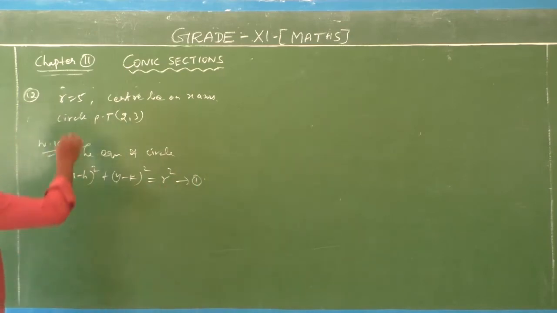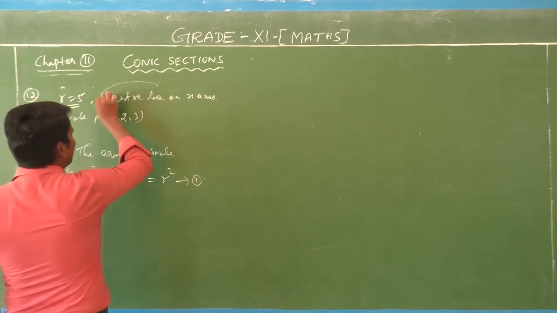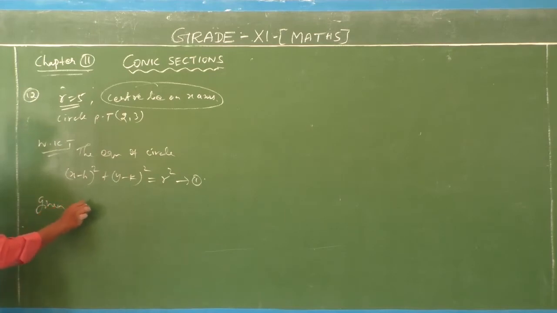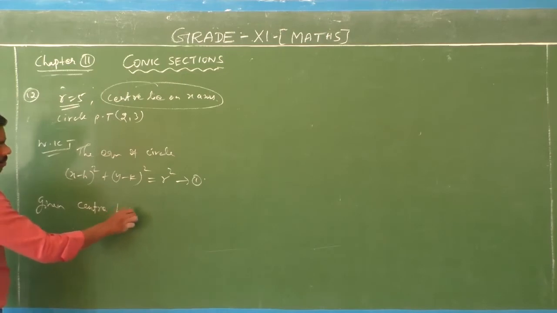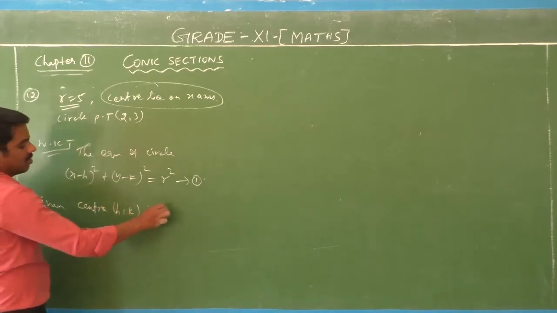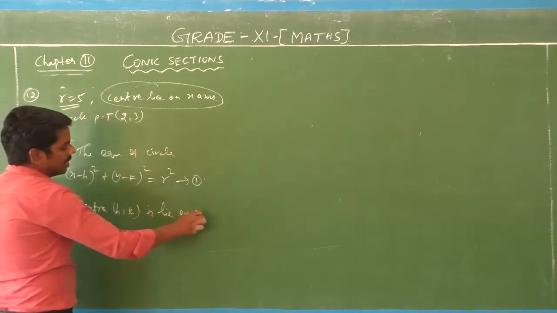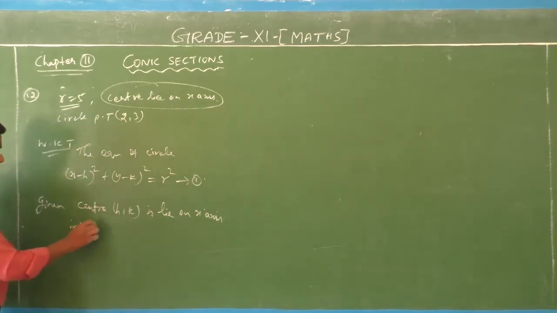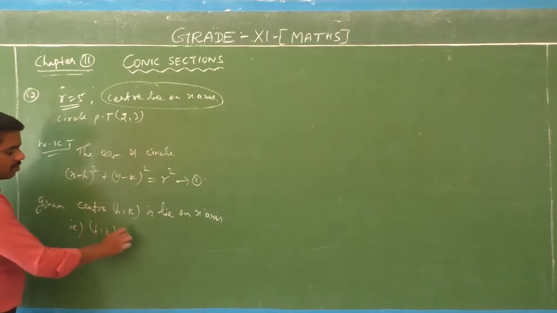Given information: radius r equals 5 and the center lies on the x-axis. So the center (h, k) lies on the x-axis, that is (h, k) equals (h, 0).